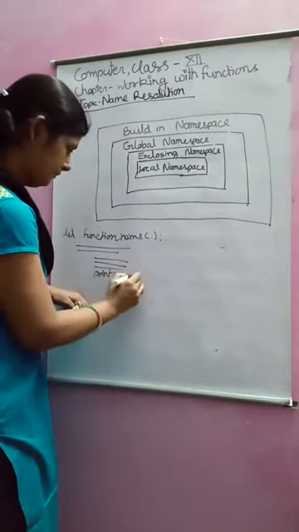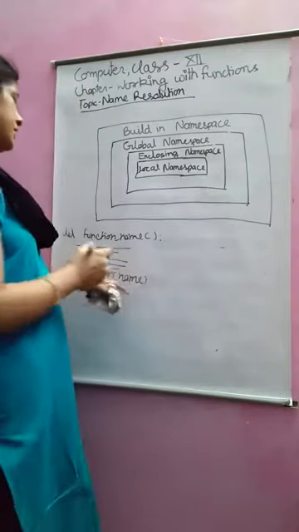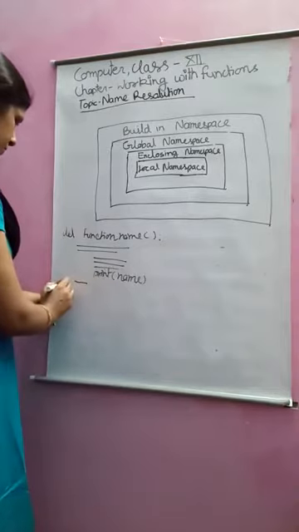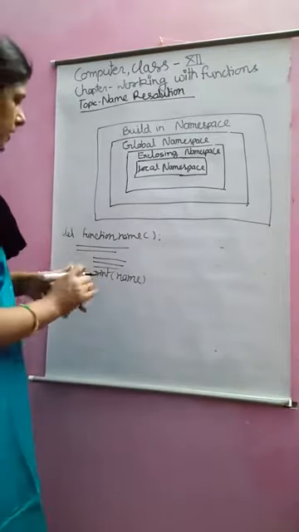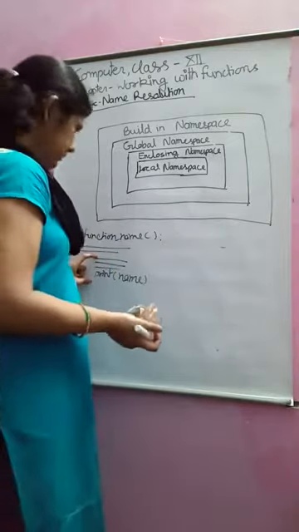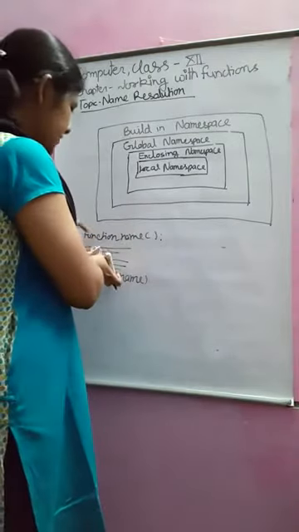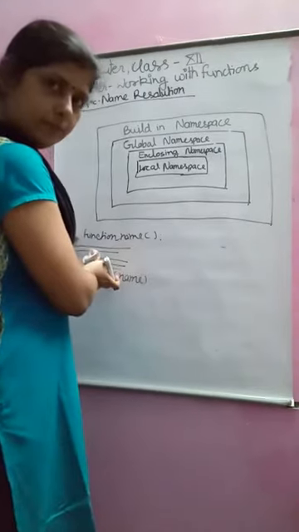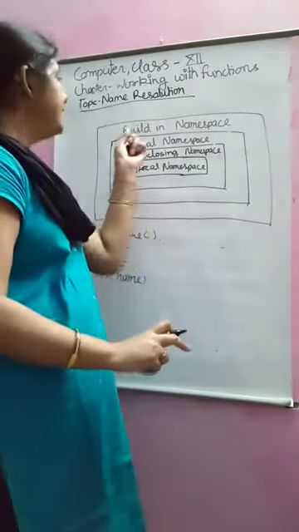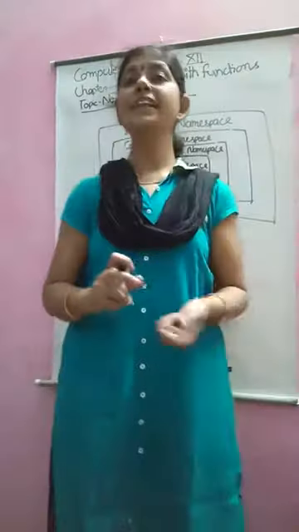First it searches for this variable in this block. If not found, then it searches its upper block. If not found there also, then it searches in the global namespace.